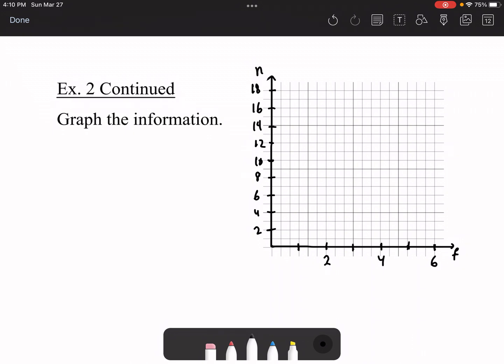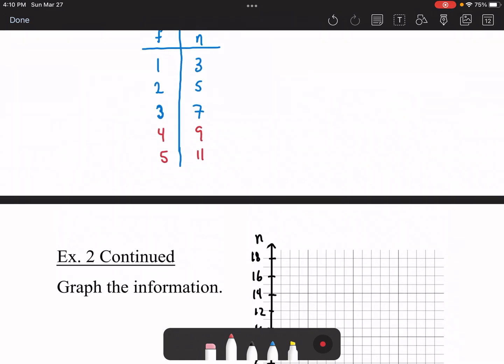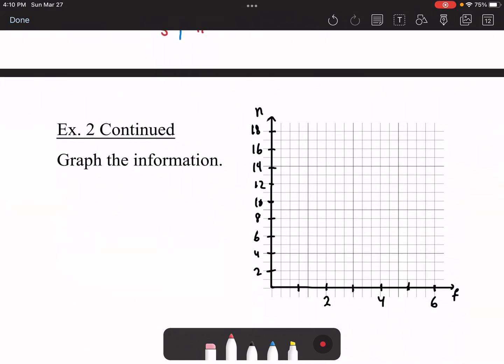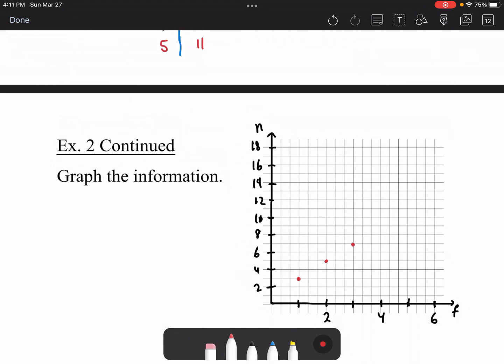Time will help you decide what the better axes and scale to use are. Okay, so the first point we have is 1 and 3. For figure number 2, we have 2 and 5. For figure number 3, we have 3 and 7 squares.